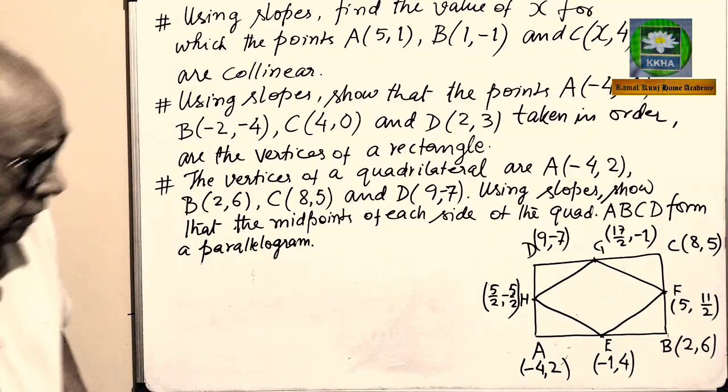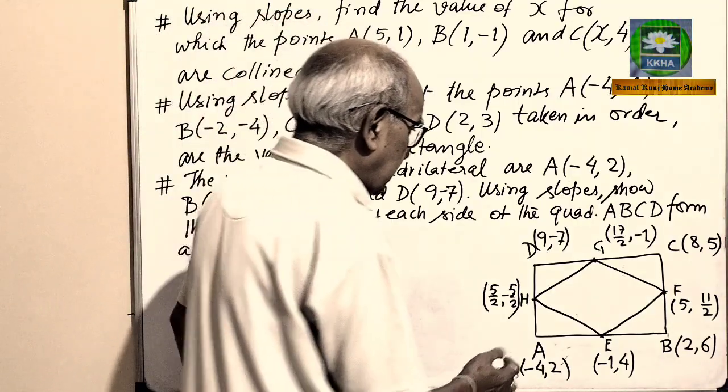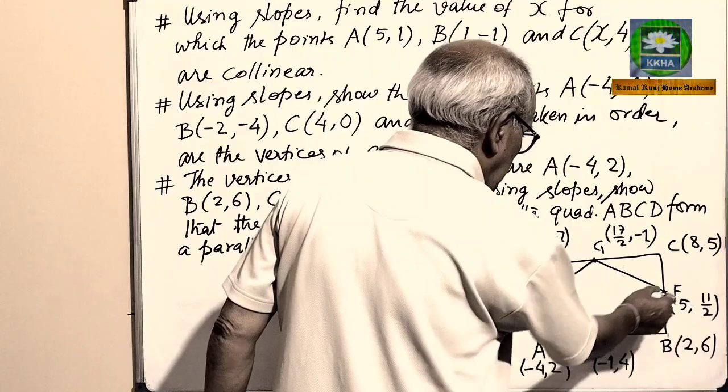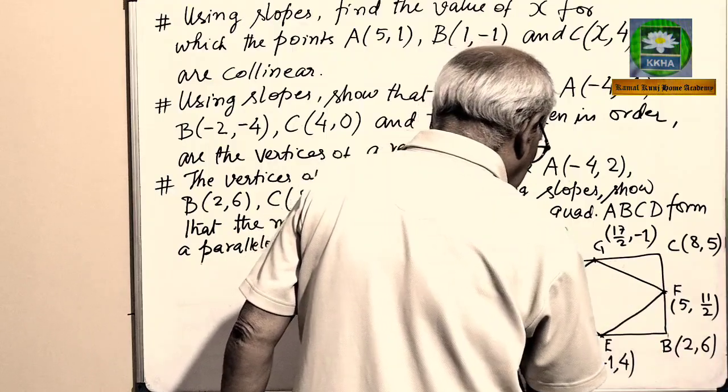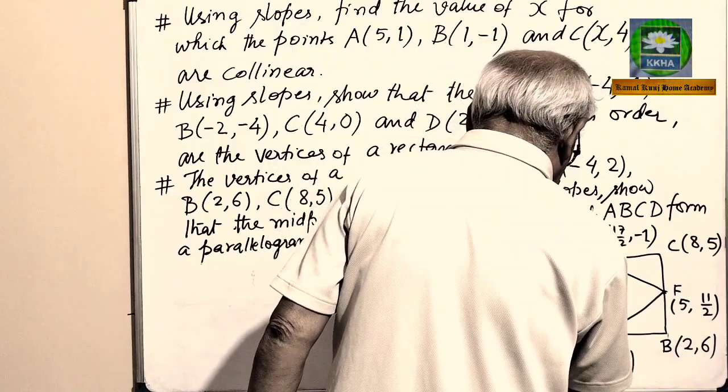Now just find the slope of each line segment EF, FG, GH and HE.